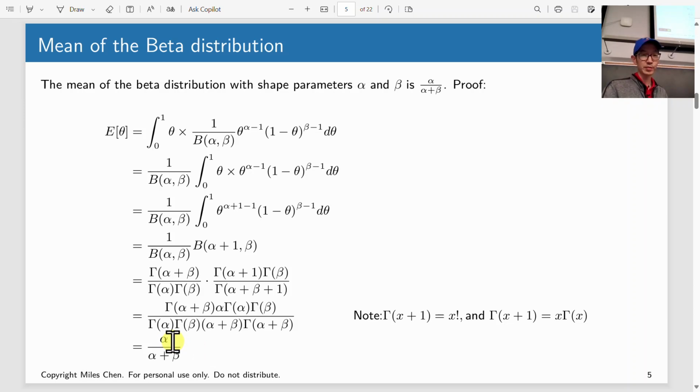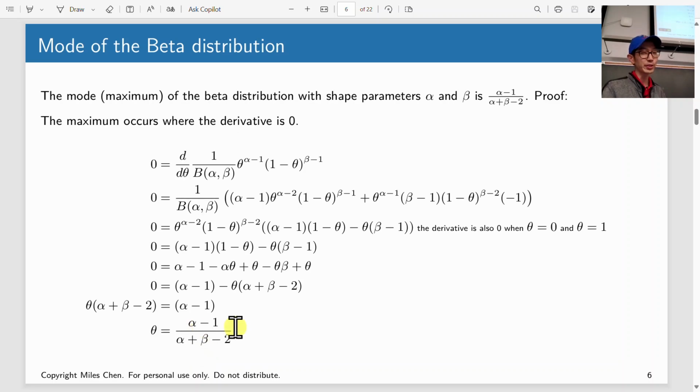So if alpha is 5 and beta is 5, your mean is at 0.5, and then over here you would have 4 over 8. Your mode would also be at 0.5, okay? But the mode tends to get pushed a little bit more towards the edges.